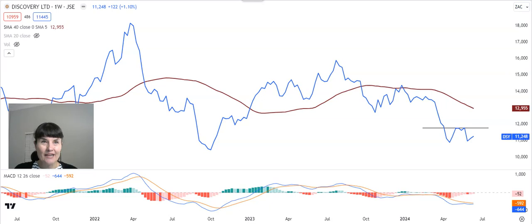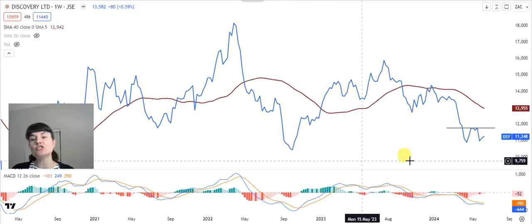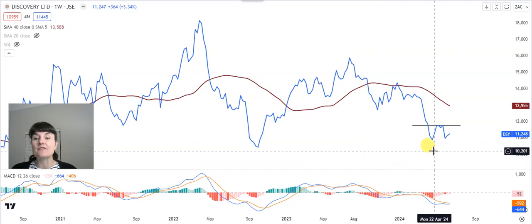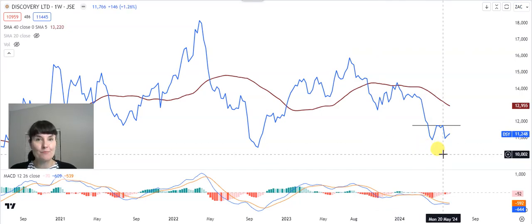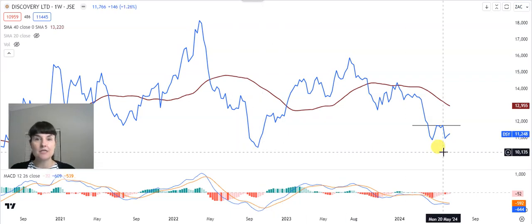What I also like about this graph is the fact that this support is a little bit higher than this support, which is a little bit higher than this support. That tells me, on the longer view on Discovery going back to 2022, the buyers of Discovery feel that at these levels they are prepared to protect the price at an even higher level than the previous times, despite all the news around the National Health Insurance Bill, etc.